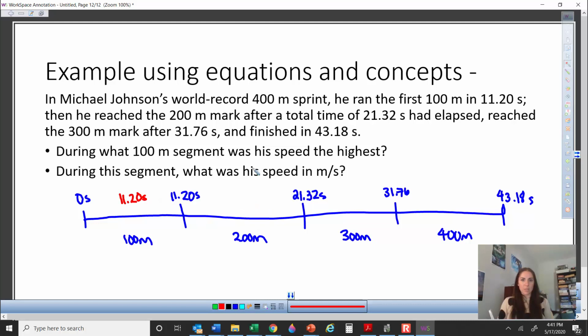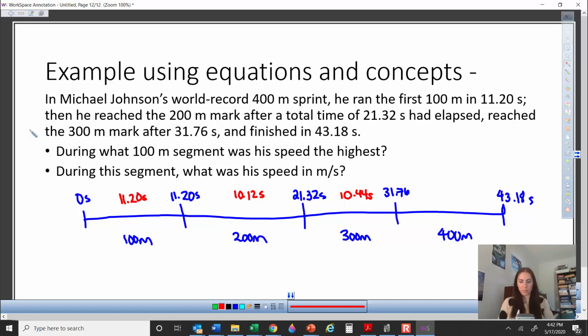Okay, and then I'm going to do 21.32 minus 11.2. This is 10.12 seconds. I hope you're okay that I'm not showing my subtraction. I'm doing this minus this. 31.76 minus 21.32 seconds.